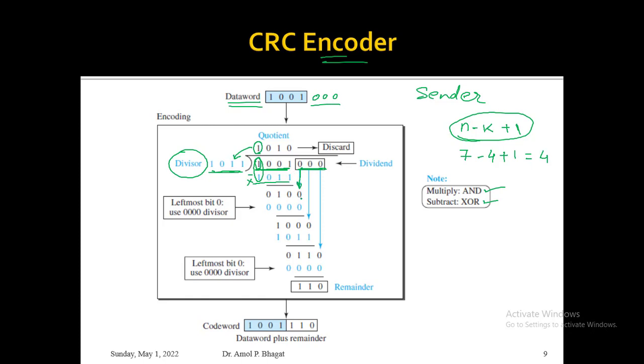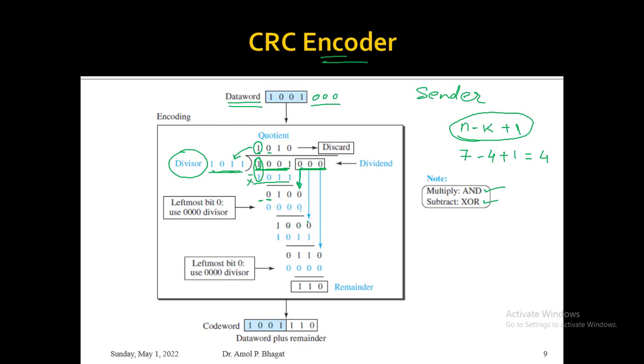Again you can observe here this first bit is 0, so now you will take the quotient bit as 0, and then this 0 will be multiplied with this divisor. If you are performing the operation with the divisor with 0, you will get all zeros, right? Again XOR operation will be performed: here XOR will be 0, here XOR will be 0, here 1 XOR with 0 will be 1. Again these bits will be simply discarded.